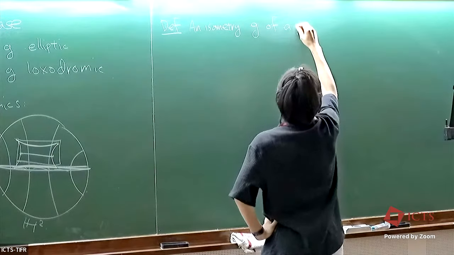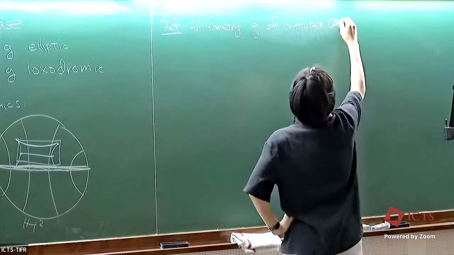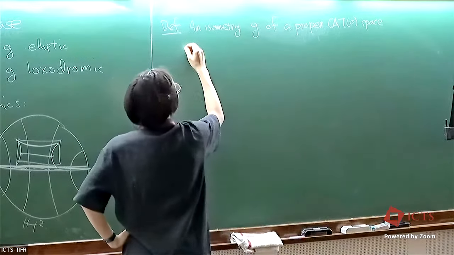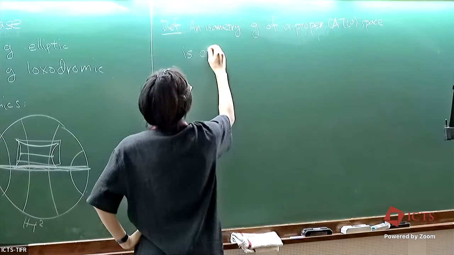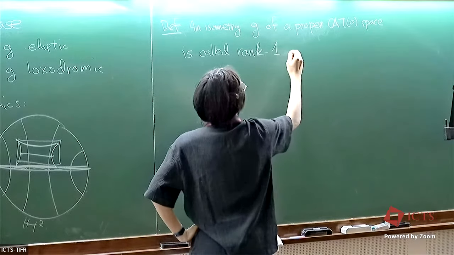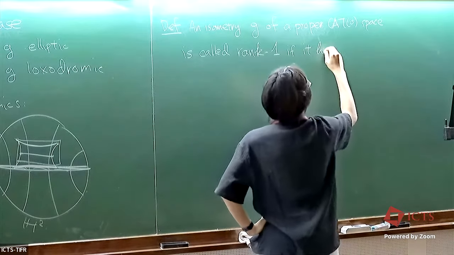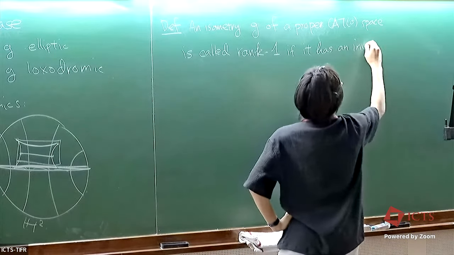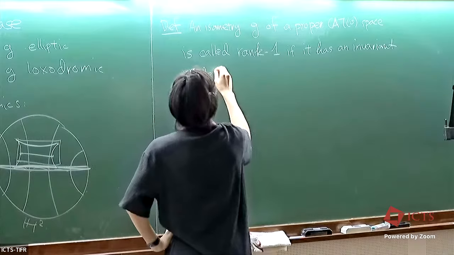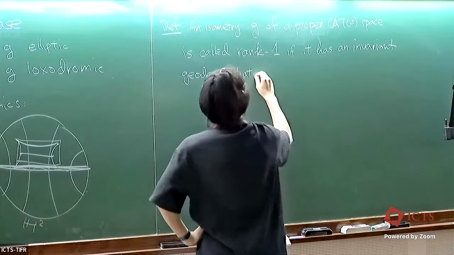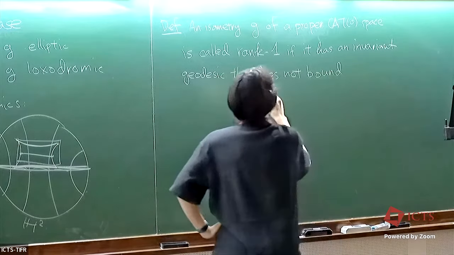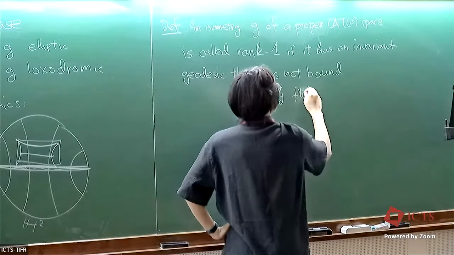A proper CAT(0) space is called rank 1 if it has an invariant geodesic that does not bound any flat half plane.